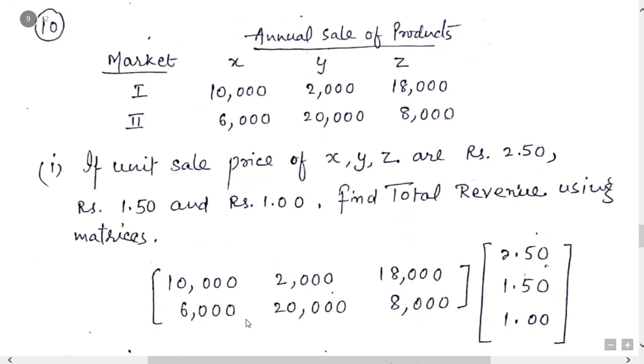This question is important as far as your final examination is concerned. Annual sale of products is given to you X, Y and Z and markets are first and second. These values are there and unit sale price is given to you 2.50, 1.5 and 1 and find the total revenue using matrix.